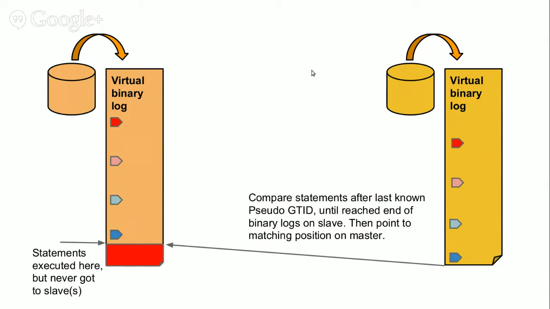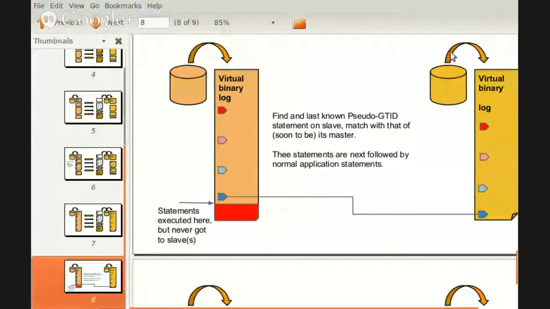I don't even care about corruption of the relay logs. The slave might have shut down and the relay logs were corrupted. I don't care. And thus I'm able to pretty much safely, you may need to use sync bin log or other variables, but it's safe to now connect the slave back to the master at a known position and just make the magic work again. So this is how it works.